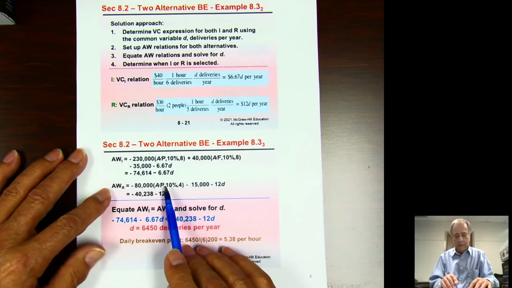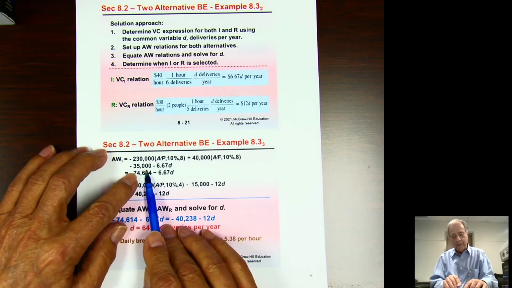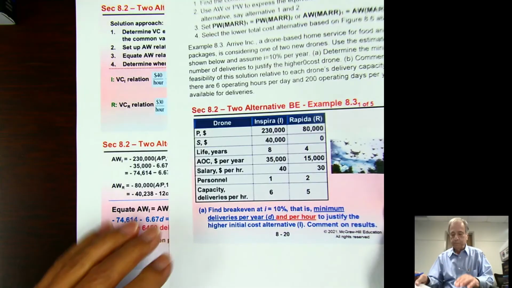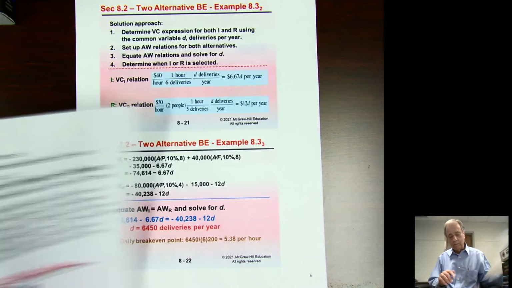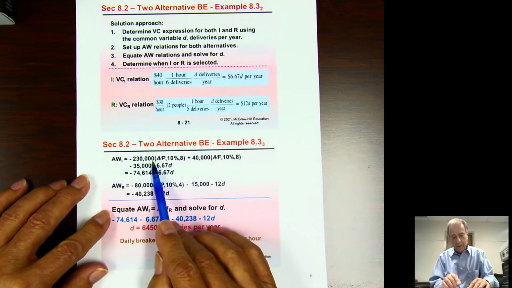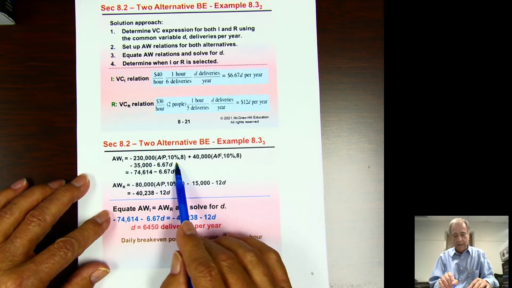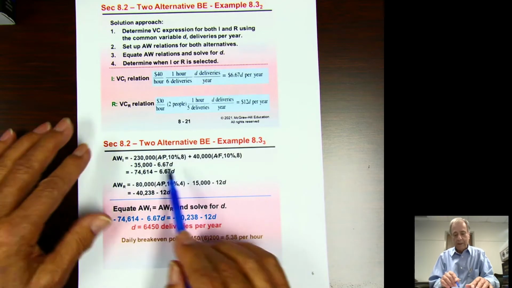And so, oh, I'm sorry, this minus 35,000 came from this operating cost. And so this is the investment cost, this is the operating cost, and this is additional operating cost to make the deliveries.